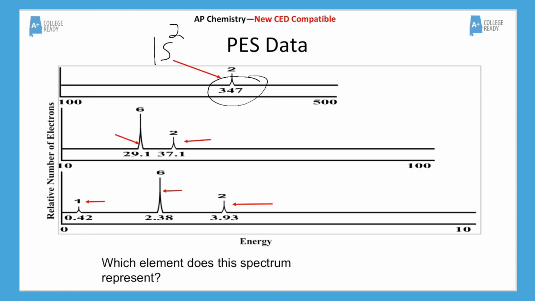Then what's the second highest energy value? Well, I see 37.1. That must be 2s, and there are 2 electrons there, so that makes sense. So what would 29.1 be? Well, that must be 2p, and notice it's 3 times taller than the previous one, so that's 6 electrons.